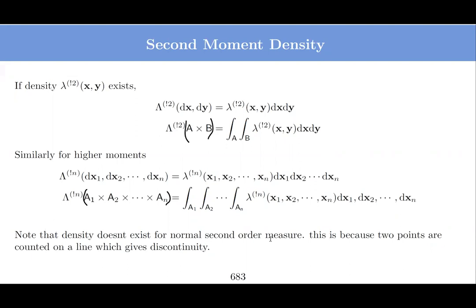All the points on this line are repeated, because these pairs are actually equal, so they will be counted twice. That is why when you differentiate it, you get a discontinuity. That is why the density does not exist for the regular second moment, and it only exists for the factorial second order moment, and that's why we called it the second moment density.